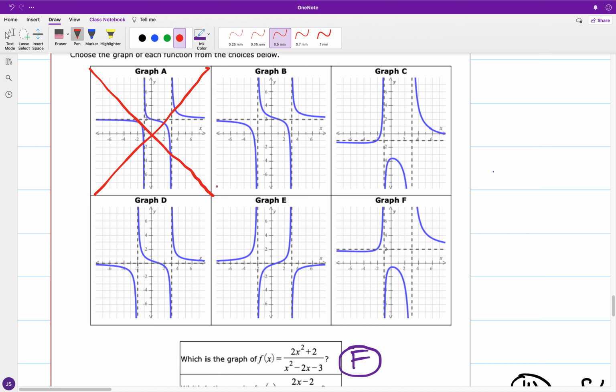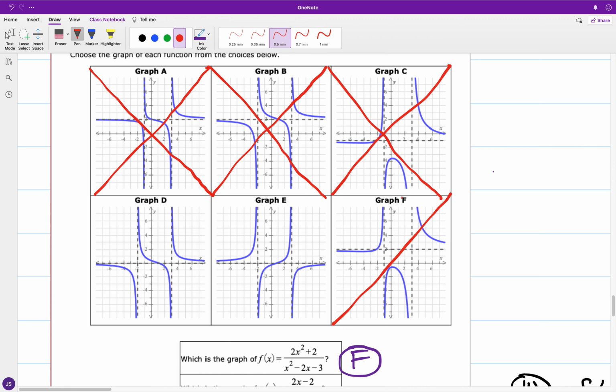And we don't even have the y equal to 0 part. Again, we don't have y equal to 0 for the asymptote. Don't have it for graph F either. But we do have y equal to 0, x equal to negative 2, x equal to 3.